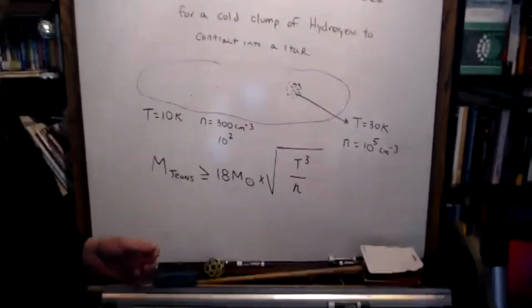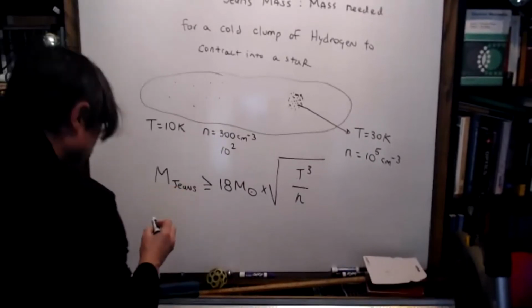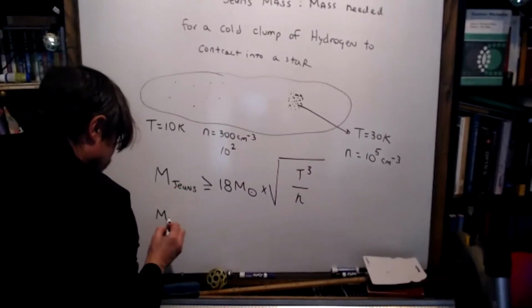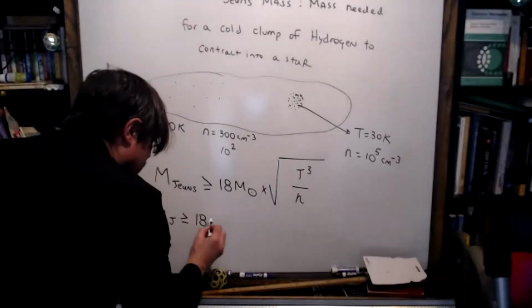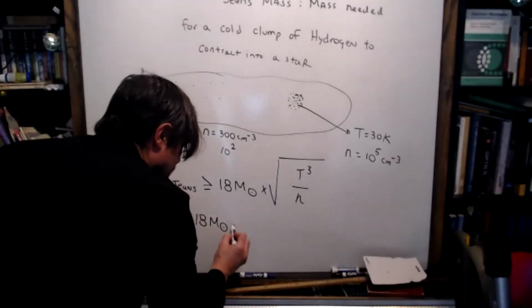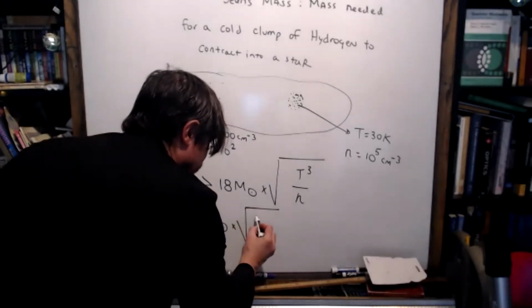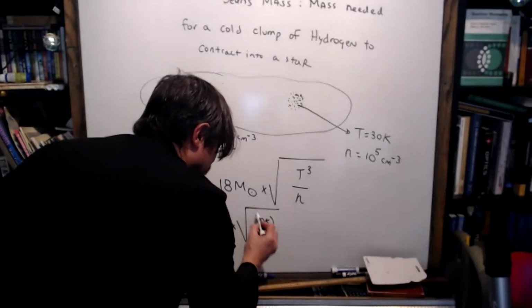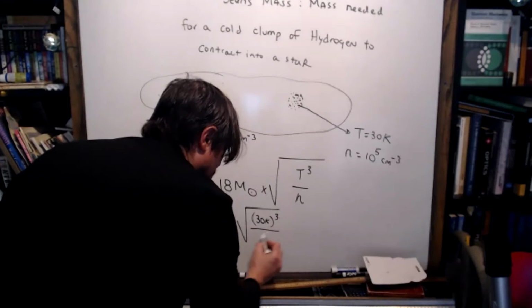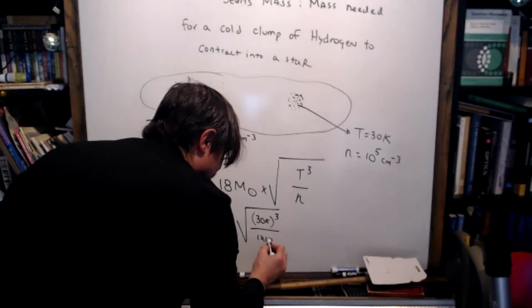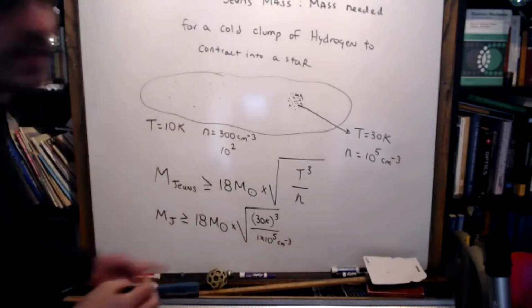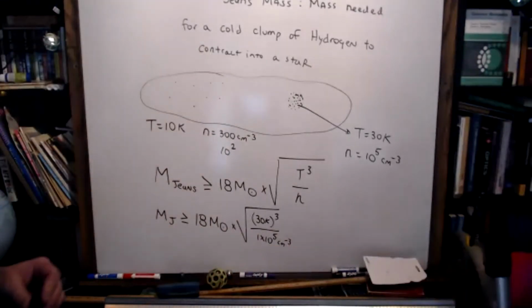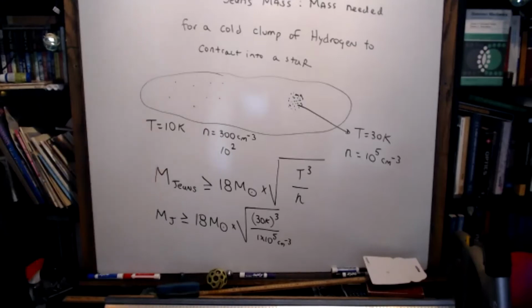The Jeans mass under those conditions would be 18 solar mass units times the square root of 30 Kelvin cubed over 1 times 10 to the 5 particles per cubic centimeter. Think you guys can punch that in for me? This, of course, will be a test question, so I want to make sure that we've all talked about it.